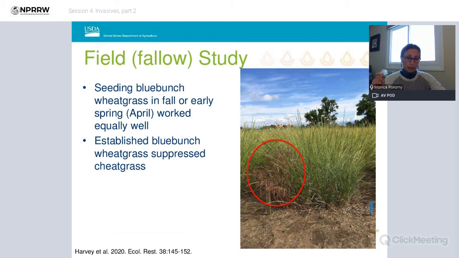At the same time, we found that with the fall seeding and the earliest April seedings, the bluebunch wheatgrass plants were able to suppress and basically get a competitive advantage on the cheatgrass growing in the area, and we had less cheatgrass density. So we still had some cheatgrass there, but our bluebunch wheatgrass plants were able to get a head start and have a little bit of suppression on the weedy annual.